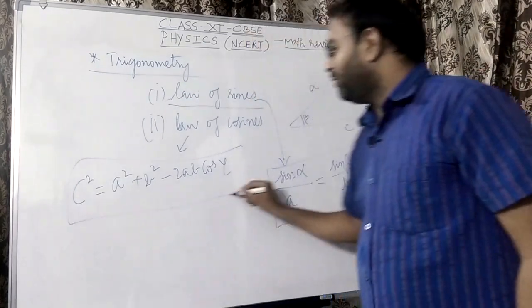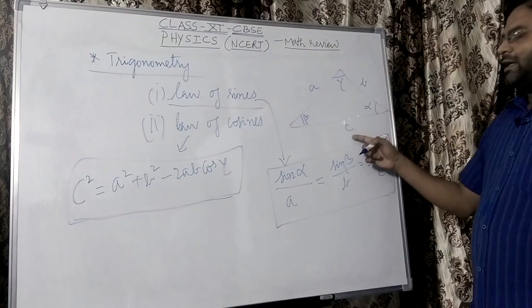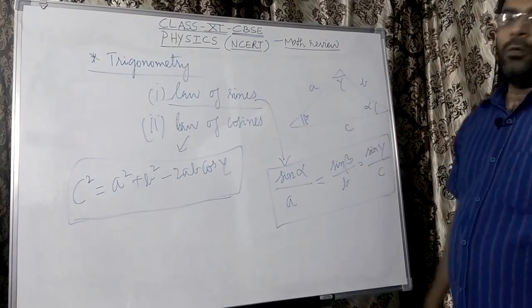This is called the law of cosines. So this helps us to calculate the third side if two sides and one angle are known.